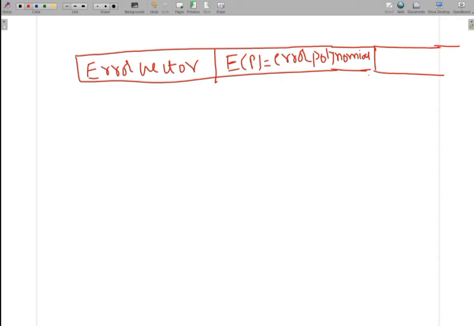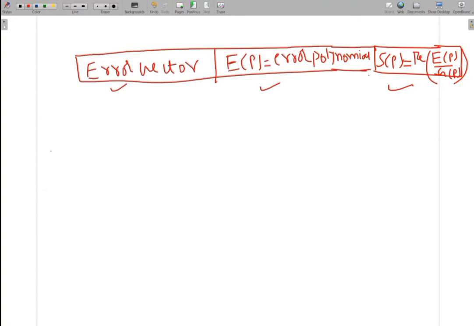The third one is S(p), the remainder of E(p) by G(p). These are the three important parameters which are present in the evaluator table.